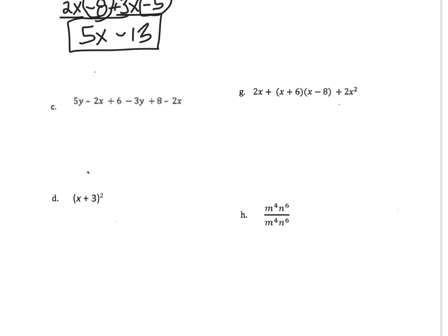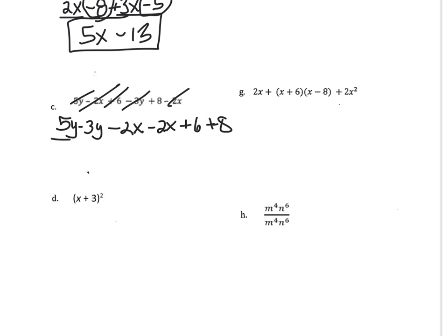Now letter C has no parentheses, so all you've got to do is combine your like terms. You might want to take the time to group your like terms. You have a 5y. You have a negative 3y. So I'm going to put those next to each other. You have a negative 2x, and you have a negative 2x. Put those next to each other. You have a positive 6, and you have a positive 8.